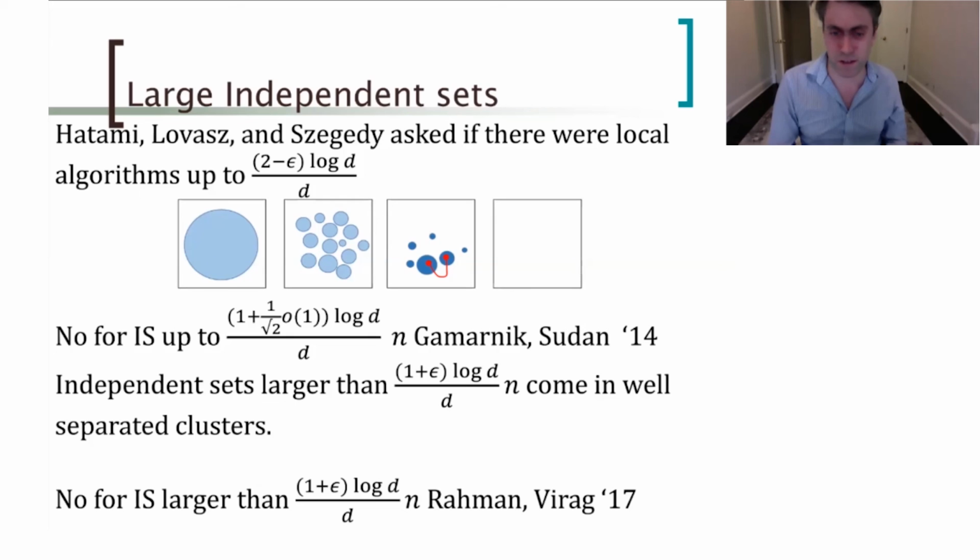There are heuristics coming from physics saying that this reconstruction property, being able to estimate the spin at the root given far away vertices, is closely linked to the solutions having some clustered form.